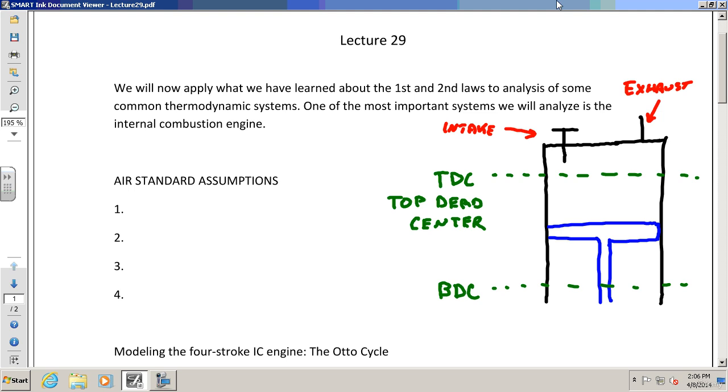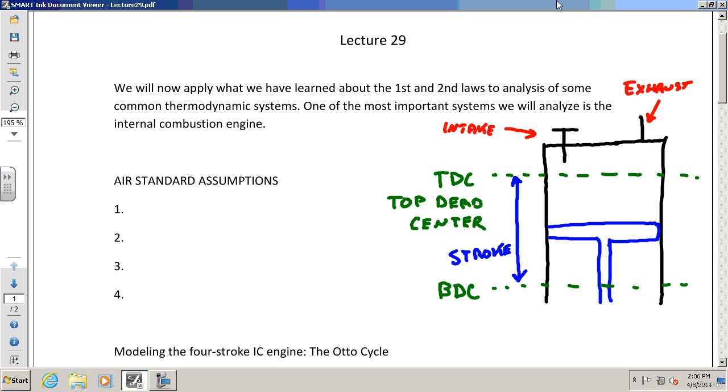The distance between the top dead center and the bottom dead center is the stroke.